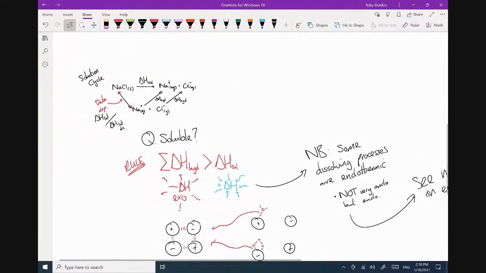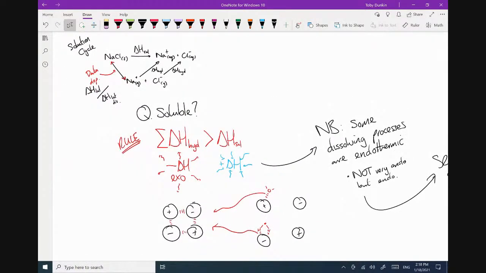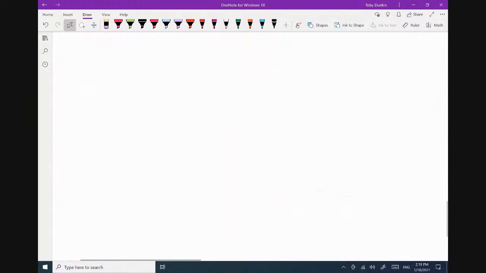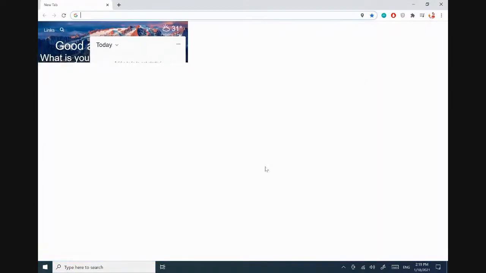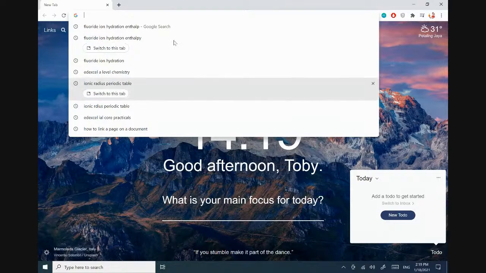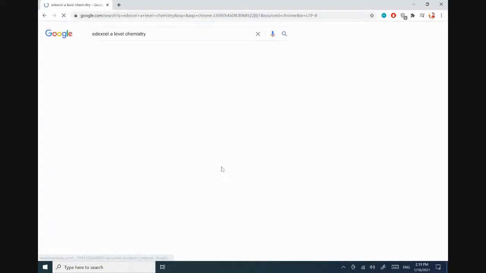Okay, so what I now want to do is put this into context. Oh no, this is a nightmare. All my tabs have gone because my laptop's crashed. So I want to do two things. One is to show you exactly what it says on your specification.